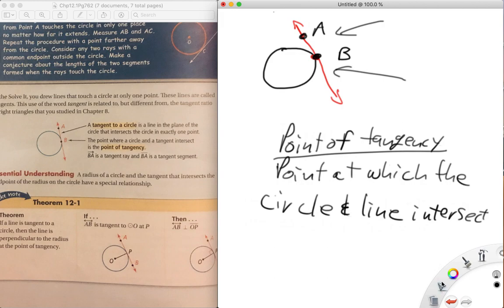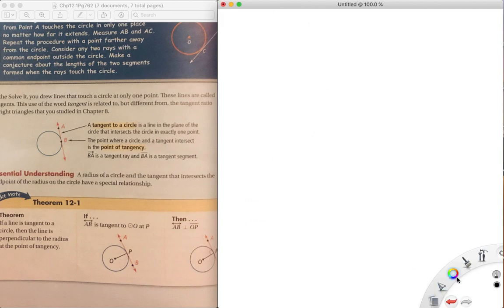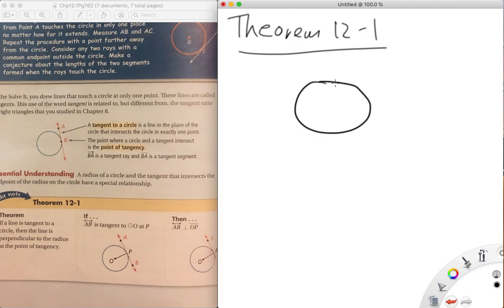Which leads us to our first proof or theorem of the day, and it's theorem 12.1. And theorem 12.1 says that if we have a circle that intersects at point P. So from O to P, this is our radius.